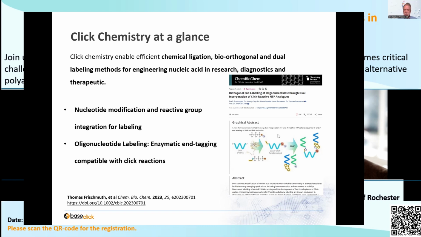That is more or less shown on the pictures here, which we published in the paper Orthogonal End Labeling of Oligonucleotides, recently in ChemBioChem in 2023. Basically, what we did here is we modified the 3' or 5' ends of oligomeric RNA or DNA, and showed that indeed you can conjugate various groups under physiological conditions.